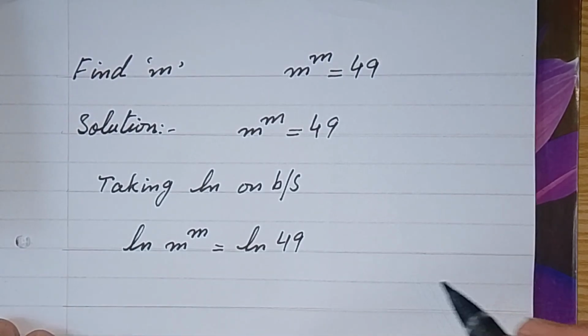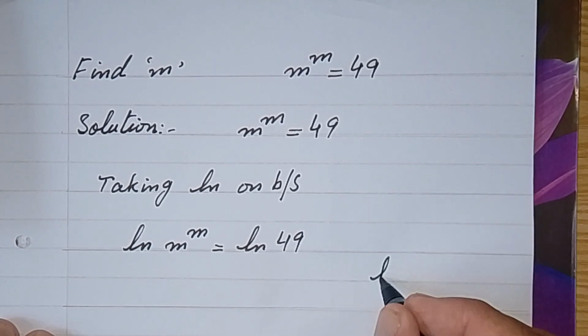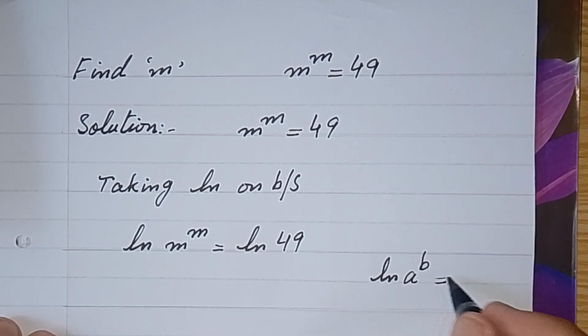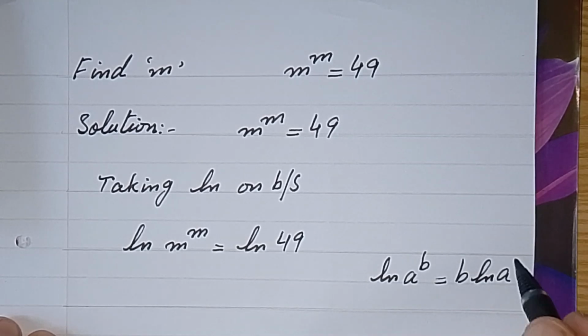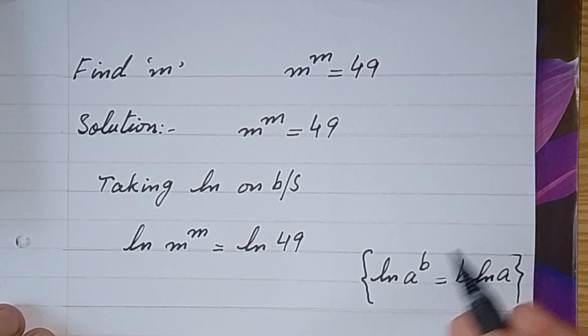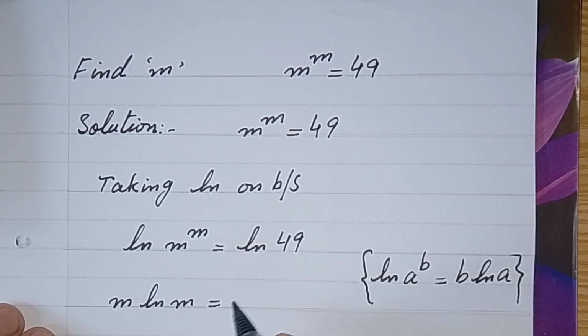Now using the formula log a raised to the power b is equal to b log a, here m log m is equal to log 49.